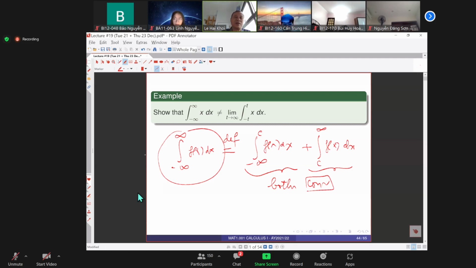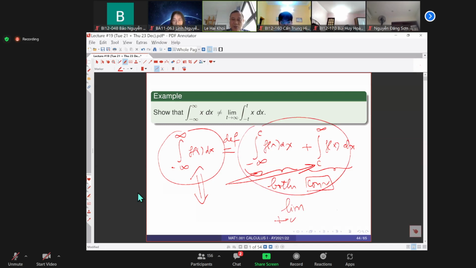Next, we talk about whether we can think of this integral definition as that one. On the right-hand side, we take the limit as t goes to plus infinity and the limit as t goes to negative infinity for each case, the integral from c to t.